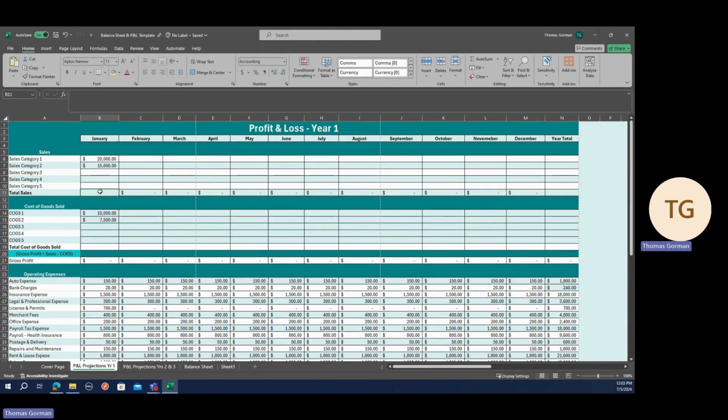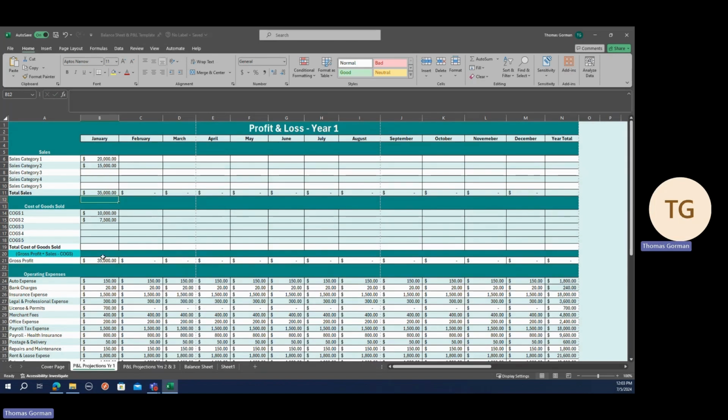If we want the spreadsheet to add up the numbers in the column of sales, category 1 and 2 for January, we would type equal sum, open parenthesis, highlight these, close parenthesis, and there you see 35, 20 plus 15, 35,000.